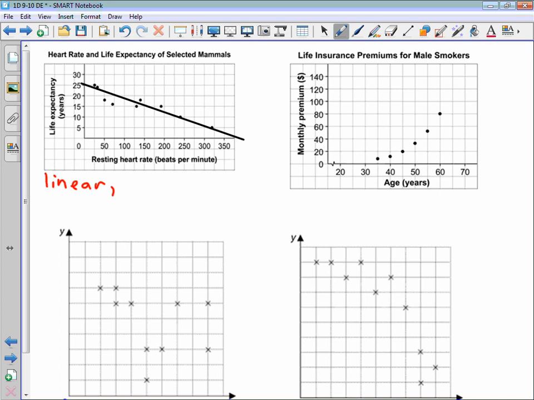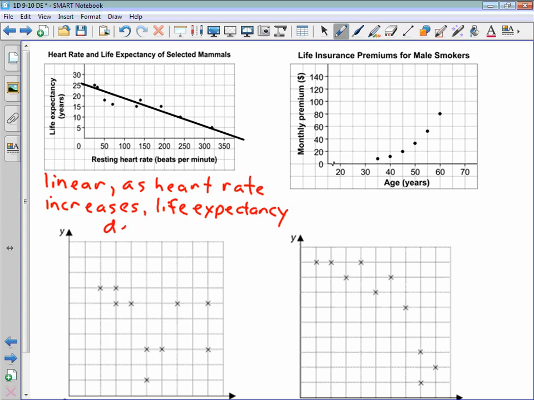I could say as heart rate increases, what is life expectancy doing? Well, it's going down, so it's decreasing. So life expectancy decreases.